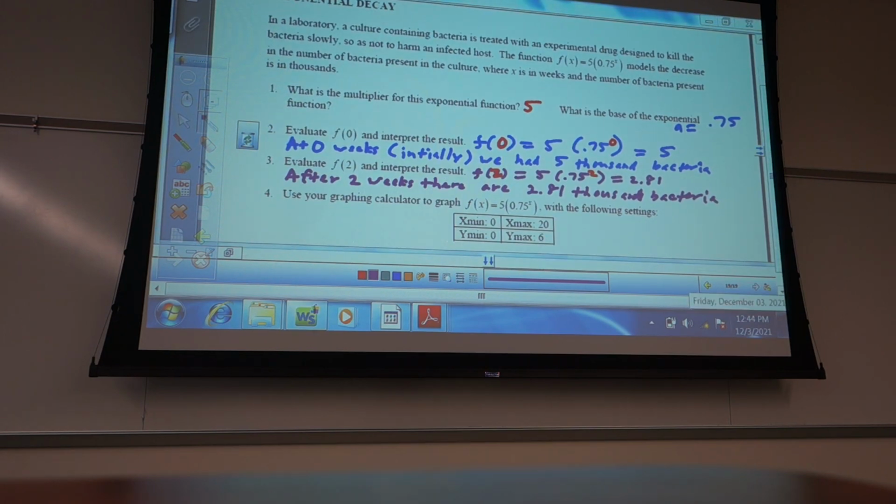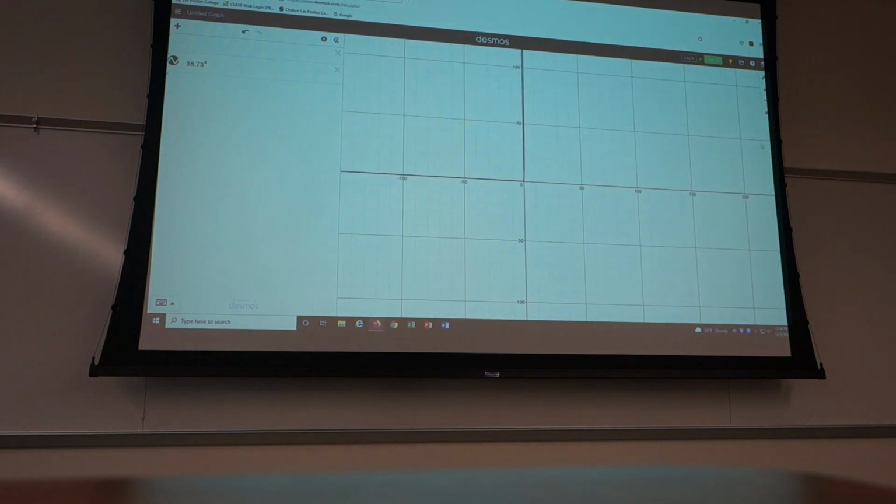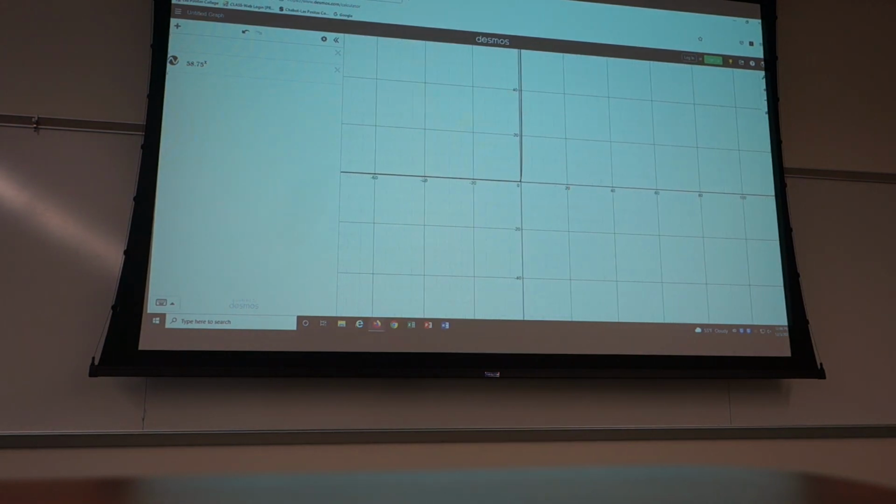So if I were to graph this, this is 5 times 0.75 to the x. There we go.